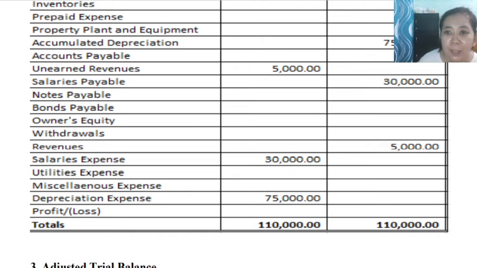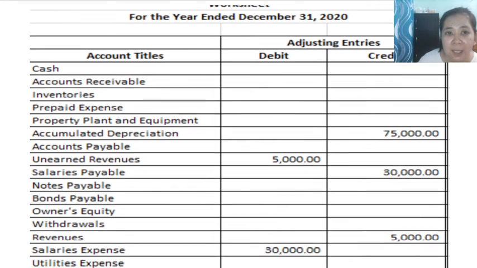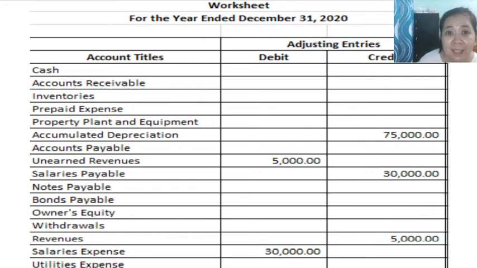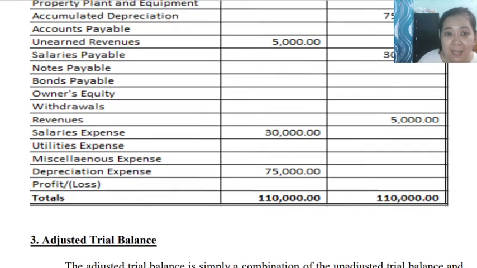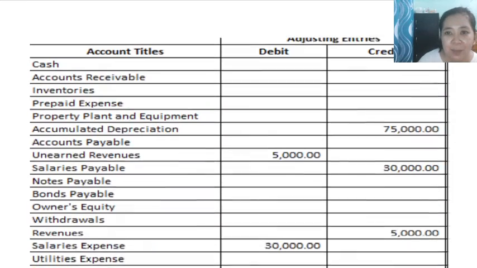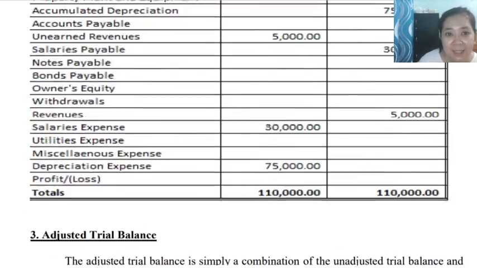Under our adjusting entries columns, please take note also that our totals should be equal, meaning our debit should also equal our credit side. So this is for our adjusting entries.